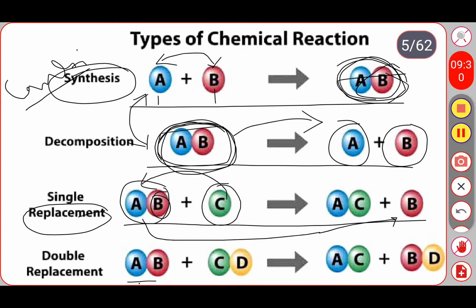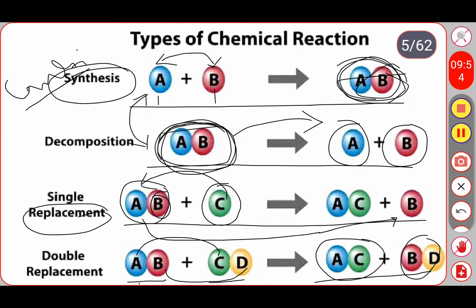They exchange their ions. Here in the product you observe A is combined with C and B is combined with D. So we get two new products from the two compounds. By the combination of two compounds we get two new compounds. These types of reactions are called double displacement reactions.